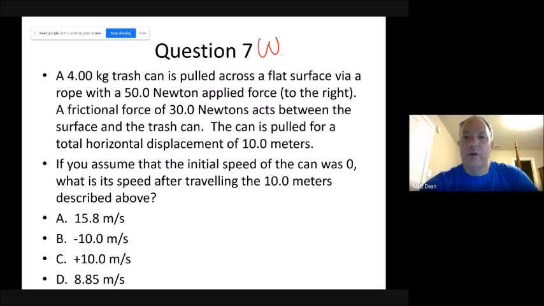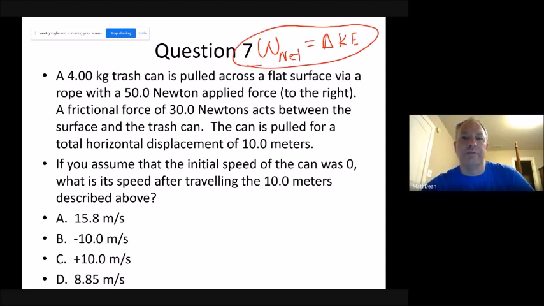And here's what you ought to know is that net work causes a change in kinetic energy, or the net work is equal to the change in kinetic energy. That's a really important idea in AP Physics 1. So we know that the net work was 200 Newton meters, or 200 joules. And we know that kinetic energy is 1/2 mv squared.